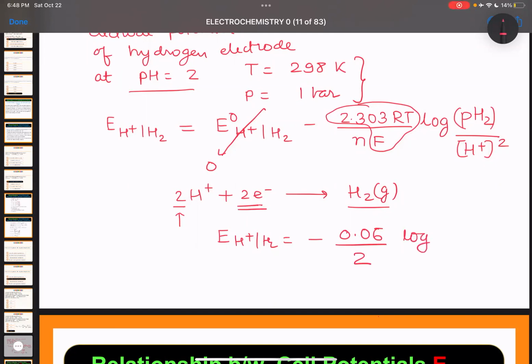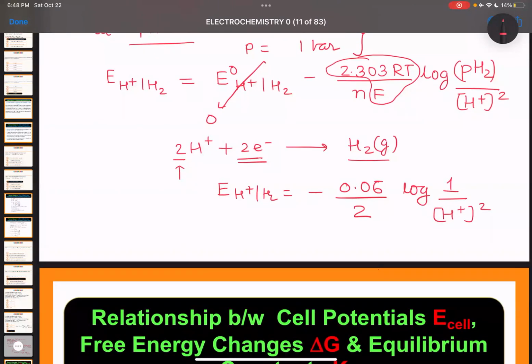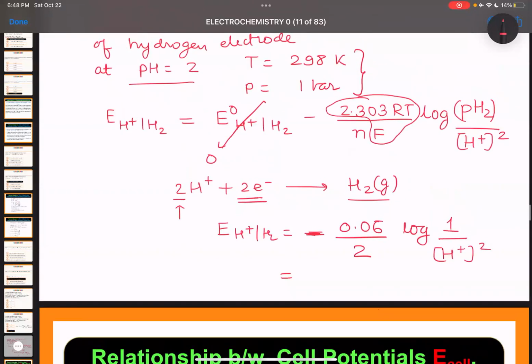Log of partial pressure of hydrogen, which is 1 bar, by H plus concentration squared. Log 1 upon X, if something comes into the numerator, the sign is going to change. Is it clear? Any doubts in this?